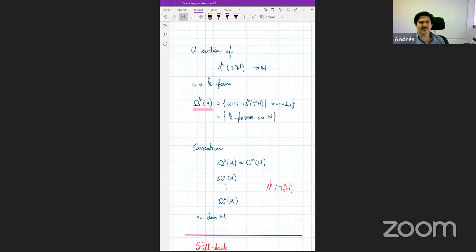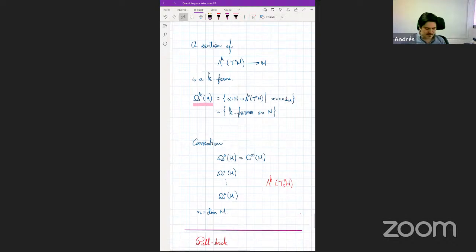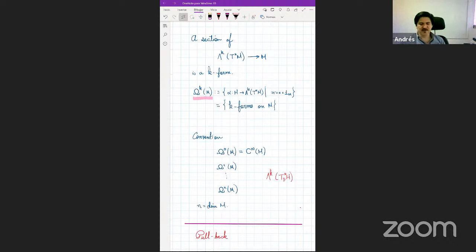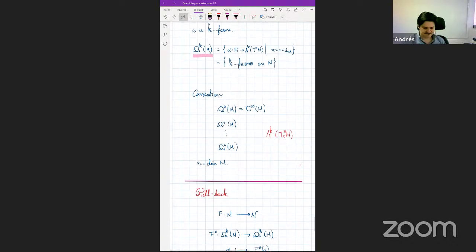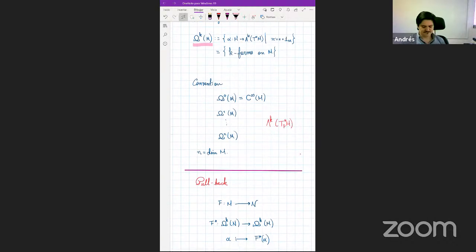Okay, so the pullback is the same as we did before, but instead of a 1 form, you can put any other form, okay? Keep in mind that the direction is reversed.